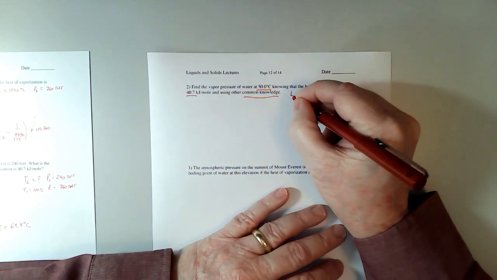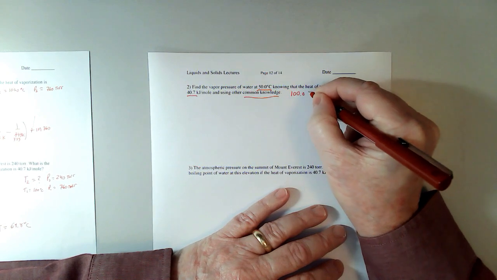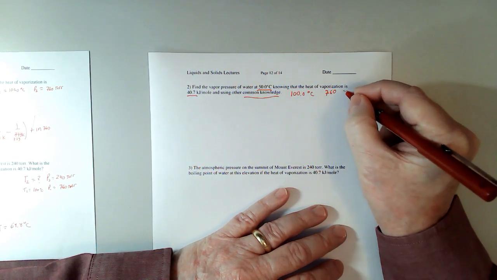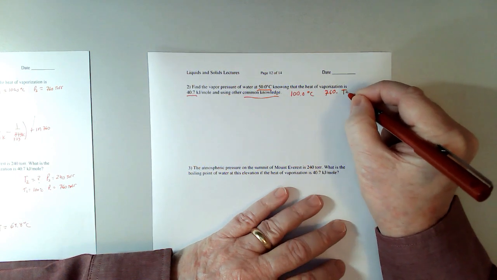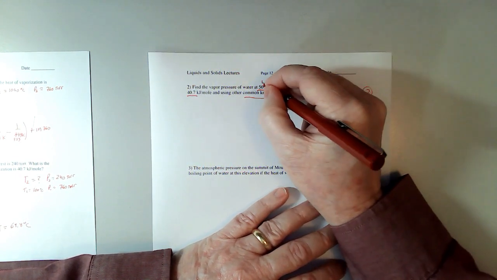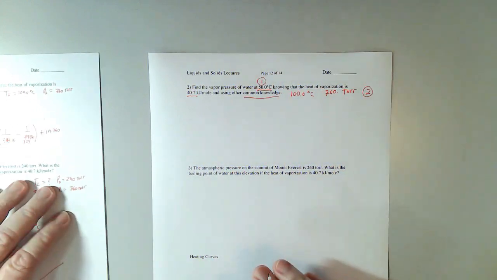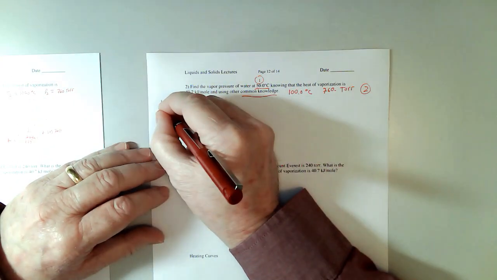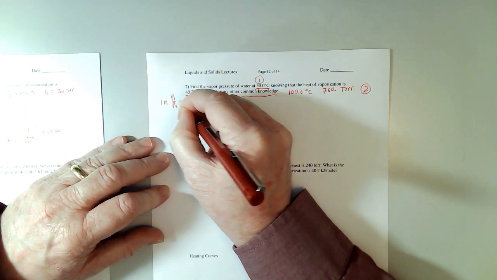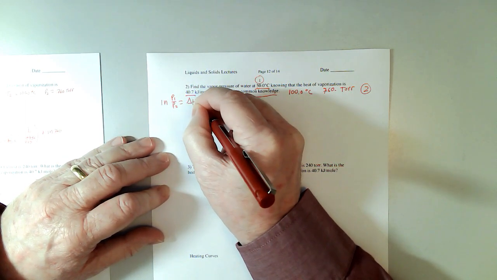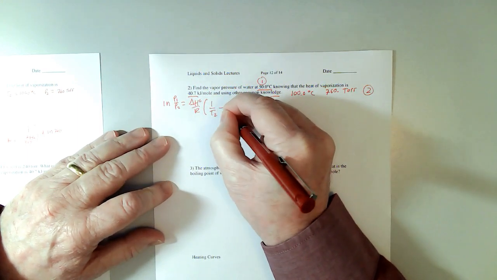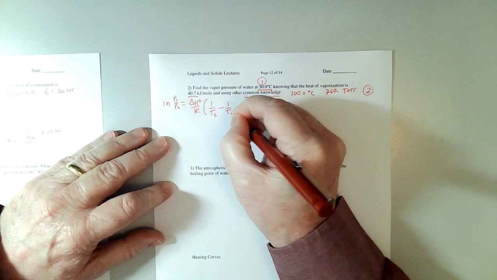Well, how about that the boiling point of water is 100.0 degrees Celsius, and the vapor pressure at the boiling point is 760 torr. We'll call this state number 2, so this must be state number 1. So when I do my ln of P1 over P2 equals delta H naught over R times 1 over T2 minus 1 over T1.